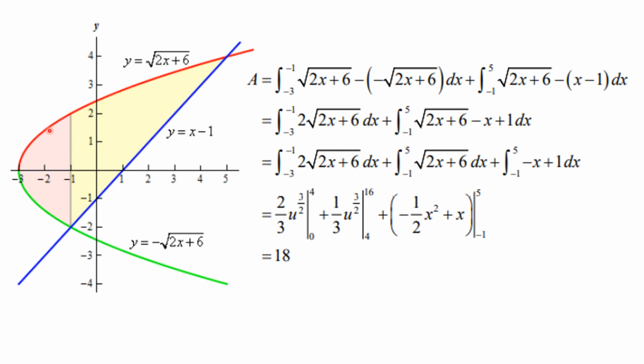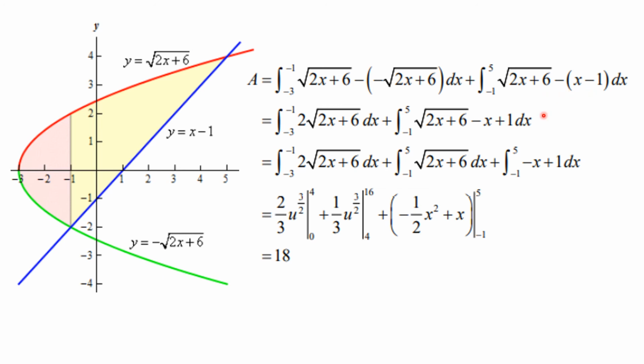So you see the function on top is going to be positive square root of 2 plus 6, and the function on the bottom is going to be minus square root of 2 plus 6, and we take the top minus the whole of the bottom, and here on the top is this one, and the line is on the bottom, and again it's the top function minus the whole of the bottom function.